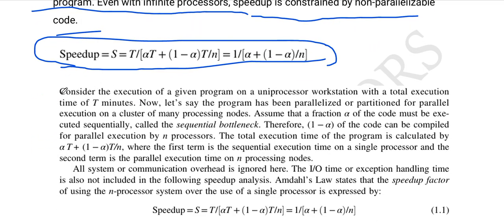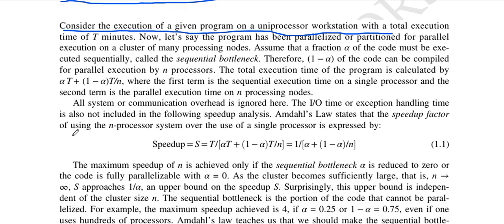To solve this problem, consider the execution of a given program on a uniprocessor. This is the problem statement. All system or communication overhead is ignored here. Reboot time or exception handling time is also not included in the following speed up analysis.